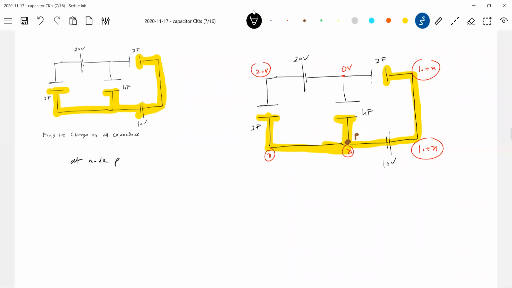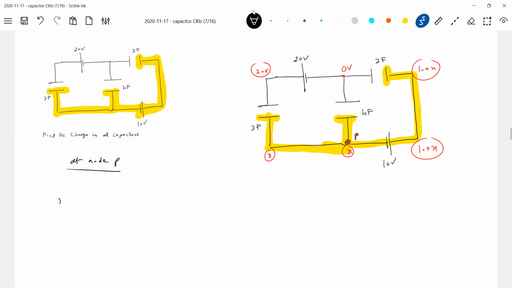At node P, the charge should be equal to 0, no? If there were any initial charge, bring that initial charge also. That's the only thing. So the charge here should be conserved. So (x minus 0) into 4. How do you define charge? Capacitance into potential difference.